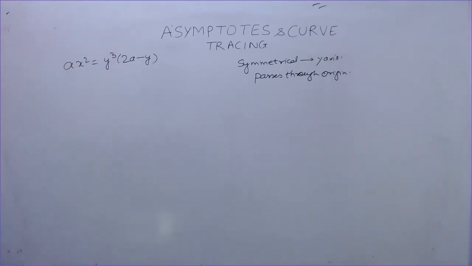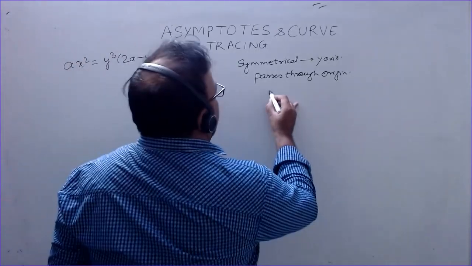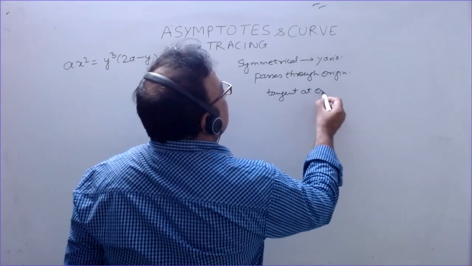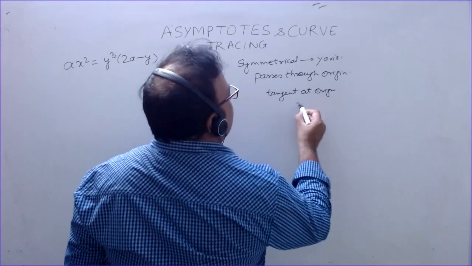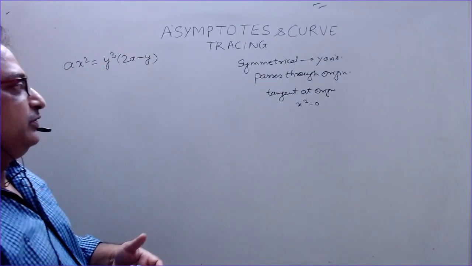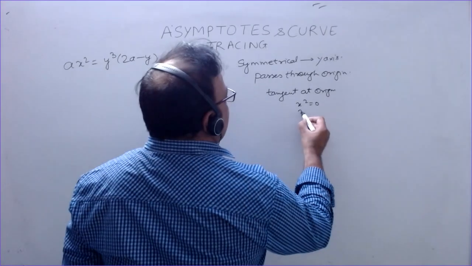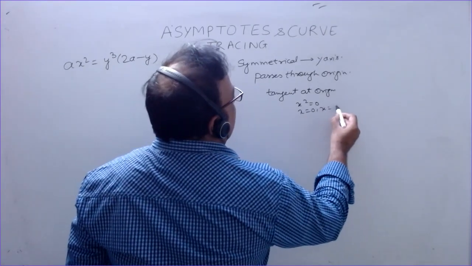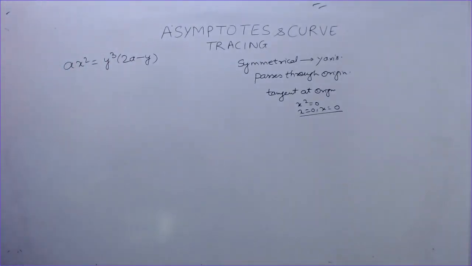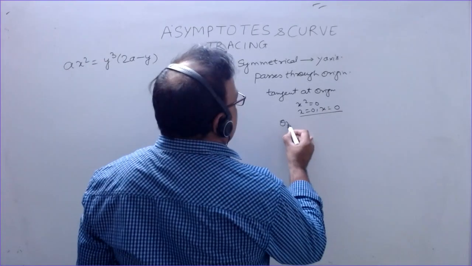So equate the lowest degree term to 0. So the tangent at origin is x square equal to 0. This gives x equal to 0, x equal to 0, the y axis. But we are having two values which are similar to each other. So the origin, you can say, is a cusp.